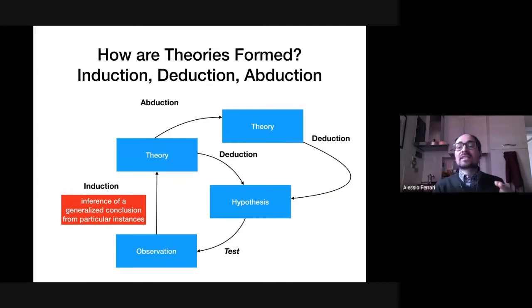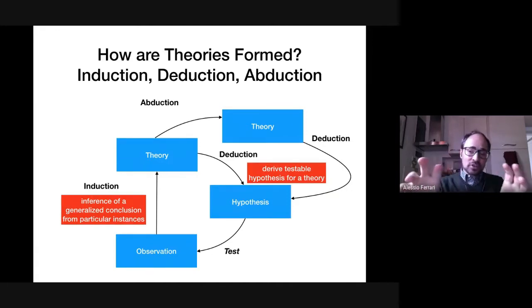I can define some possible hypotheses that will be derived directly from my propositions. And then I have to test the hypotheses. So this is the second step, which is deduction. Deduction means taking the propositions of the theory and deriving testable hypotheses. You will see testable hypotheses in the next lecture, with a large set of examples. And then you have to verify that these hypotheses are actually true by observing reality, so you compare the hypotheses against reality.